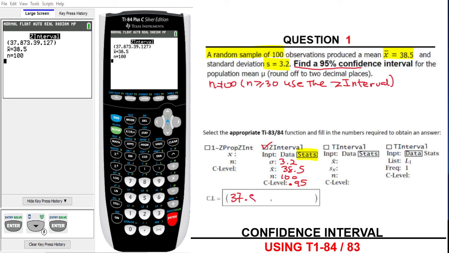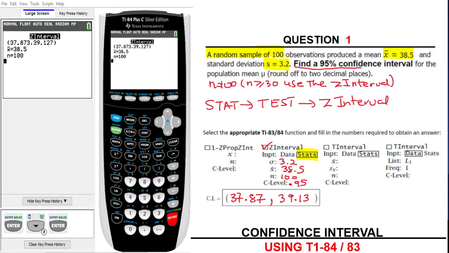And then the upper confidence limit is 39.127, which I could just write as 39.13 because the question specifically wanted us to put it in two decimal places. So note, we went to start, we went to test, and then we selected z interval.